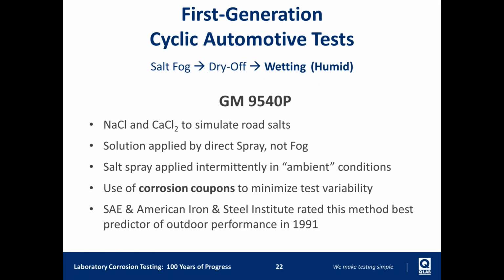The idea with this test is that over a period of time, those coupons had to corrode within a window in order for the test to be considered run properly. And the way that you evaluate it in this test is you weighed the coupons before the test, you exposed them in the conditions, and then you removed the coupons, removed all the corrosion products off of it, and weighed them again. And what you were really looking for is to make sure that your mass loss was in the appropriate range.